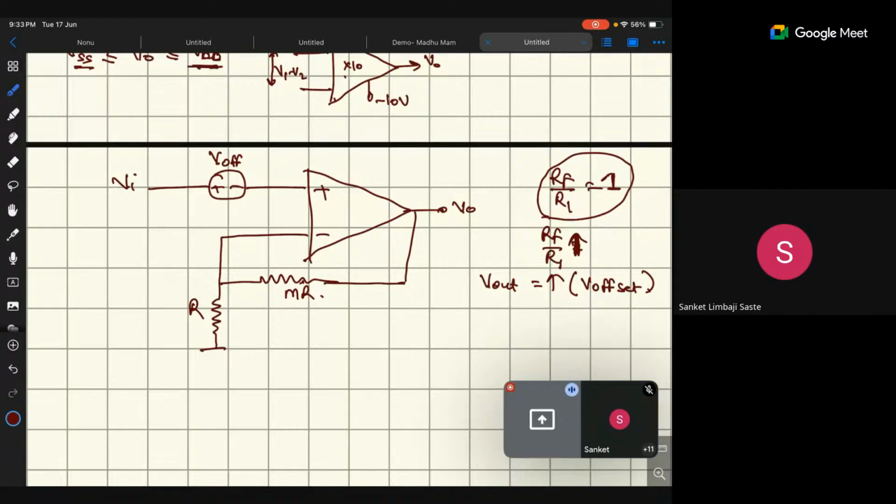So if we say that the value of RF upon R1 is M, and M is very high, then because of the offset voltage V out is also very high. So that particularly creates a non-ideality.